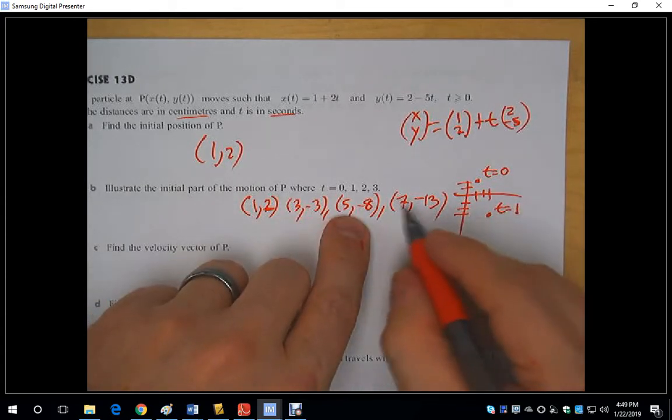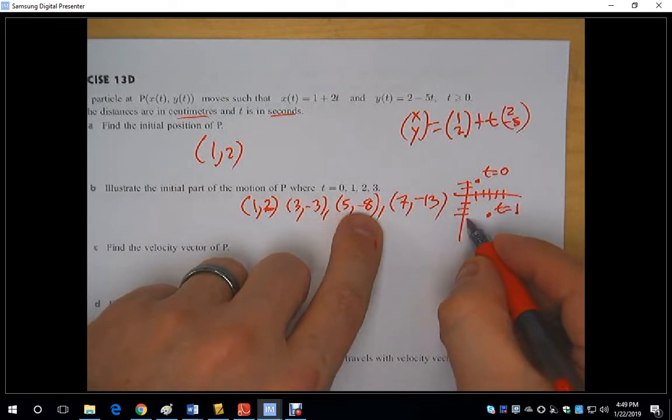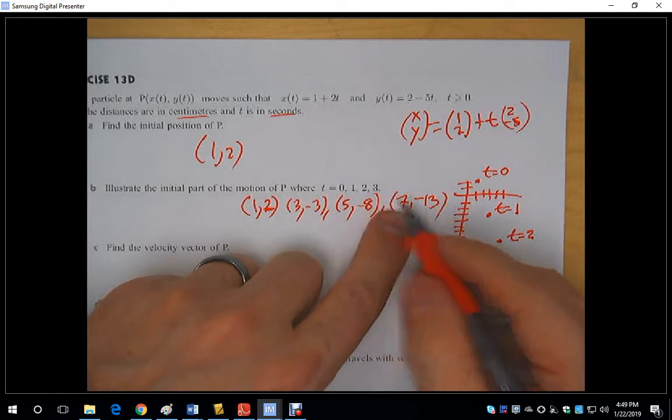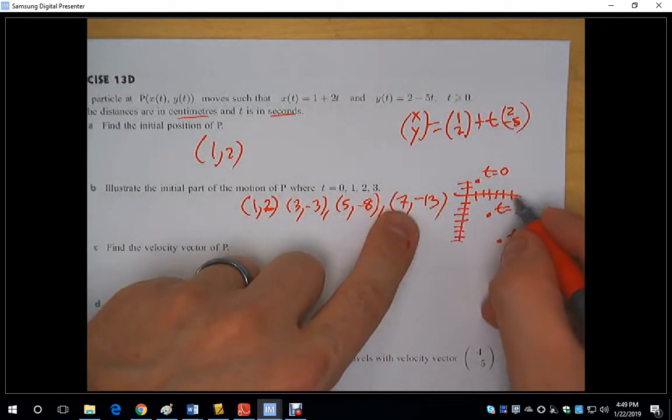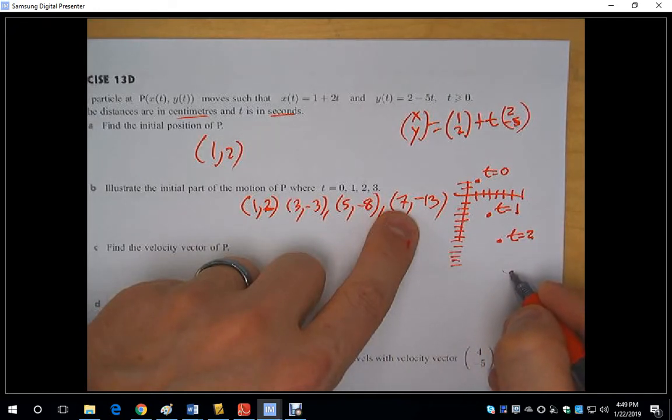And when t equals 2, that would be 5 over, and 8 down. So here, this would be t equals 2 seconds. And when t equals 3 seconds, that would be 7 over, and 13 down. So we're looking at a point about right here. That would be t equals 3.